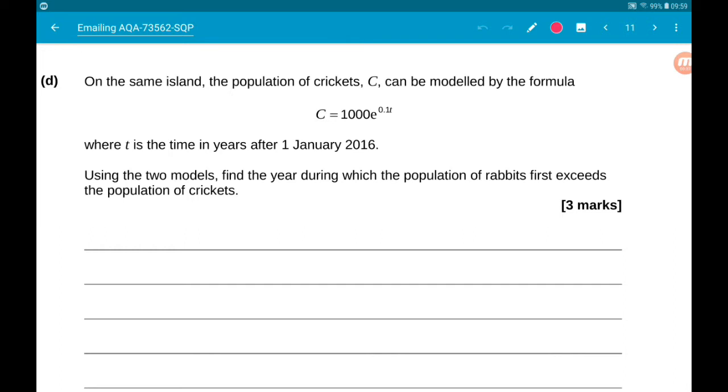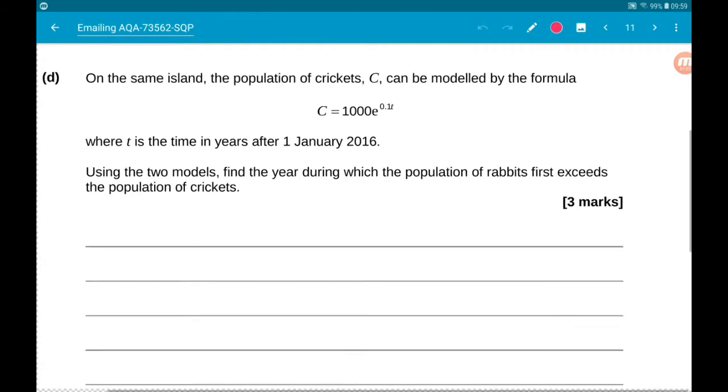The rabbits have a faster rate of growth. So what we're going to do is set the two models equal to each other. That's going to allow us to find the value of t for when the populations are equal. Now technically, as soon as the populations are equal, because the rabbits have a faster rate of growth, a tiny amount of time later, the population of rabbits will be greater than crickets.